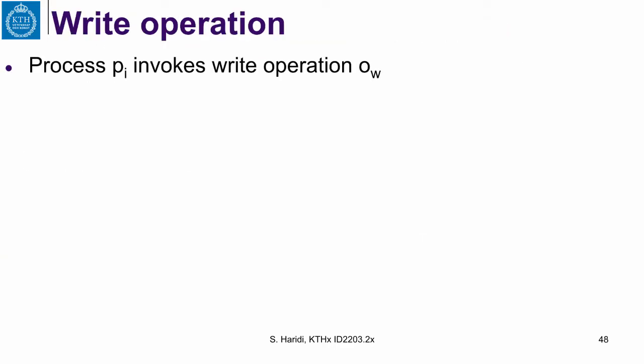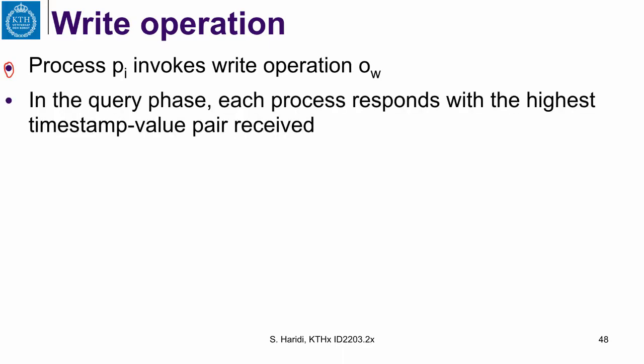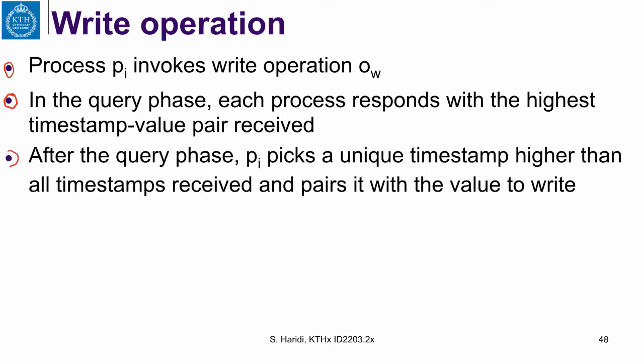If we look at the write operation, the process invokes the write operation, and the query phase is to learn the highest timestamp value pair in the system. In the query phase, each process responds with the highest timestamp value pair received, and after the query phase, Pi picks a unique timestamp higher than all timestamps received and pairs it with the value to write.